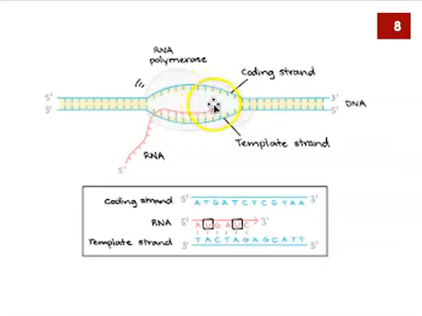And new bases will be added to this 3' end. And the bubble will keep opening this way all the way down to the end of the gene. Meanwhile, behind the bubble, the DNA is going to close up again into a double strand, and that will displace the red RNA off of the template strand, and that's why it's hanging like this. Okay?